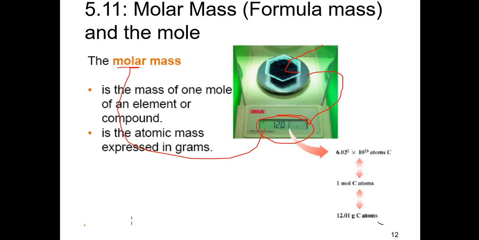And the name should speak for itself. Molar refers to mole, and that's the mass for 1 mole of that substance. And it's 12.01 grams. Please keep in mind, though, that every periodic table has used different balances, so their numbers are going to be slightly different depending on the accuracy of the mass balance.